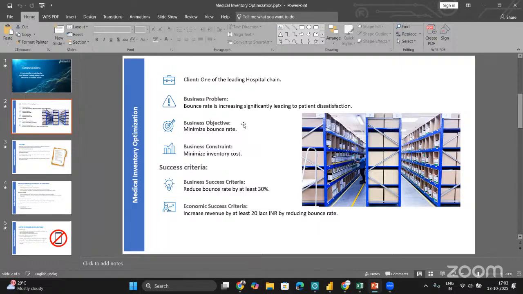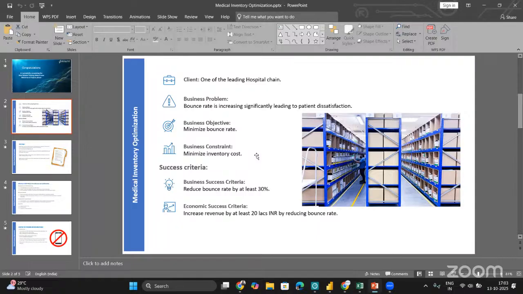What is the business objective? Our business objective is to minimize the bounce rate, and the business constraint is to minimize the inventory cost. Whatever the cost is, we have to maintain it. We have a pharmacy, so we have to maintain stock.